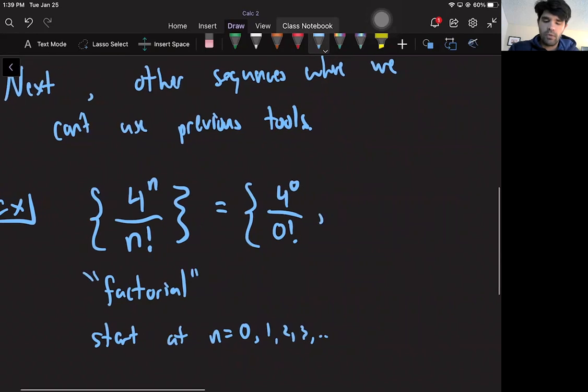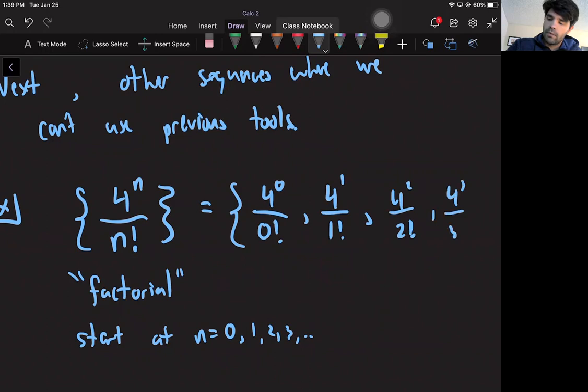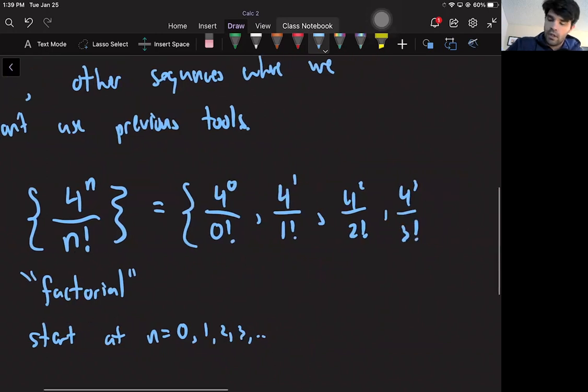If you need a way to remember that, it's how many ways you can choose something. So there's only one way to choose 0 things, and that's to not choose it at all. So that's why 0 factorial is 1. In any case, the next term would be 4 over 1 factorial, 4 squared over 2 factorial, 4 cubed over 3 factorial, and so on like that.